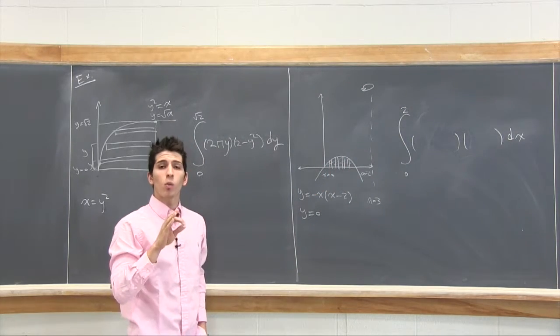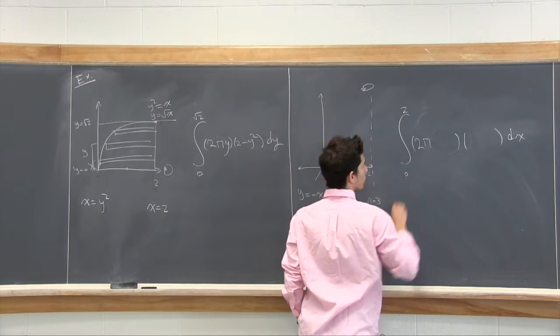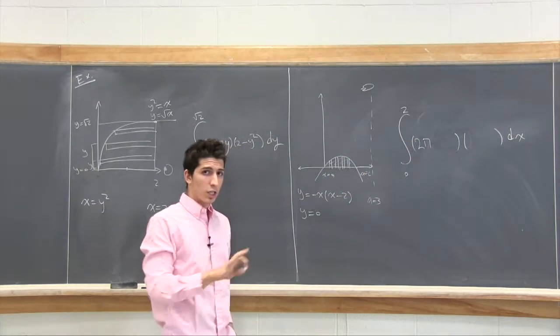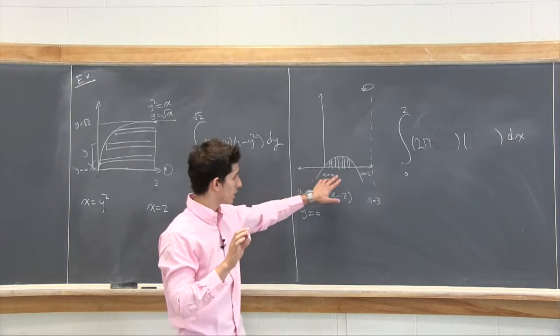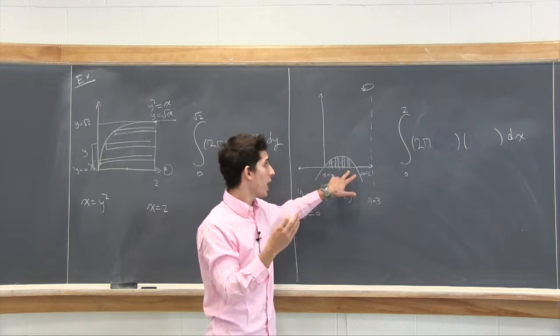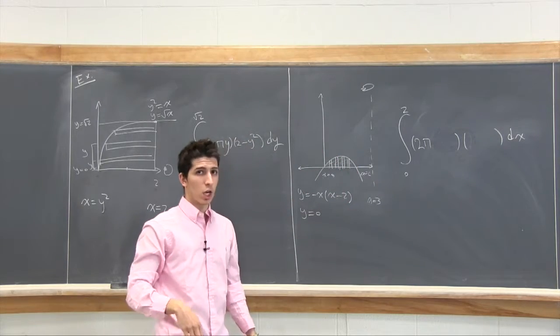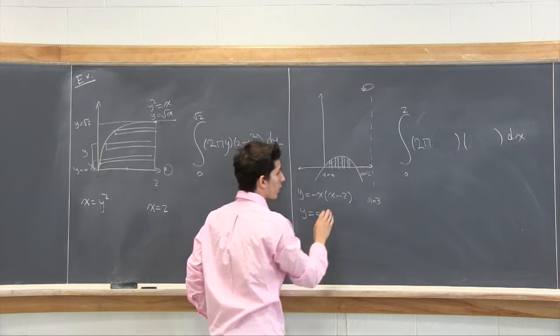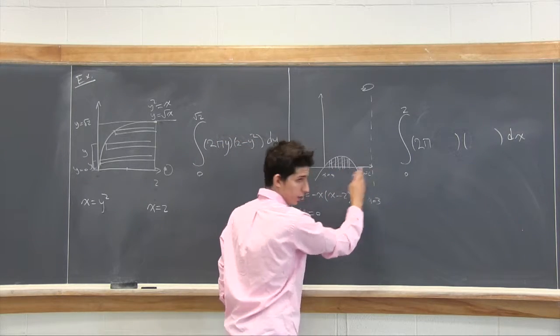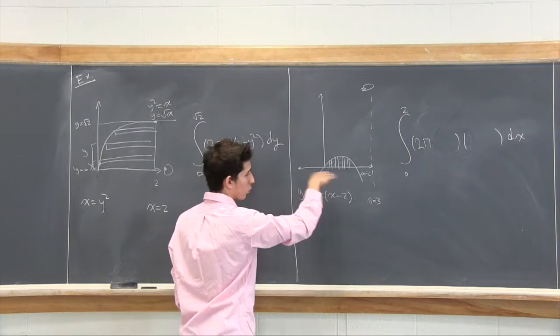Now I'm going to ask myself, what's my circumference? The 2 pi is just going to be 2 pi. Now the r is going to be, again, the idea is the same, the distance between each cross-section and the axis of rotation. However, now the axis of rotation isn't aligned with the x or the y axis. So what we have to figure out is how far away from 3 each cross-section is, not x equals 0 or y equals 0.